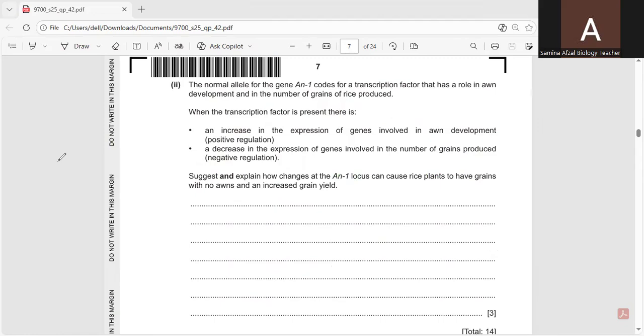When the transcription factor is present, there is an increase in the expression of genes involved in awn development, positive regulation, and a decrease in the expression of genes involved in the number of grains produced, negative regulation. So suggest and explain how changes at the AN1 locus can cause rice plants to have grains with no awns and increased grain yield.